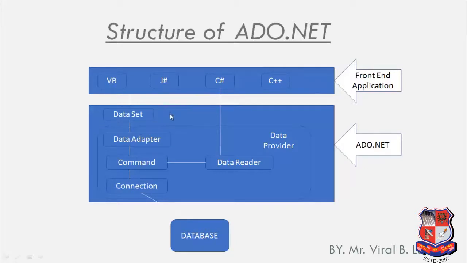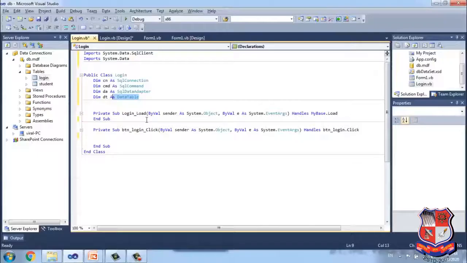Data table is one of the classes of data set. So data adapter moves data to the data table. Our data is first in the database, it moves to the data adapter and the data adapter moves it to the data table, which is the class of data set. That's why we have declared the dt object.